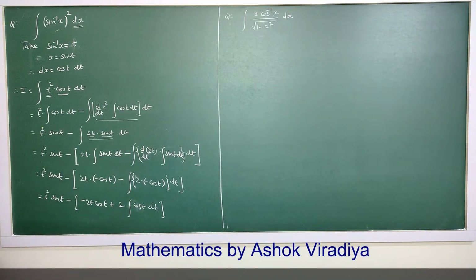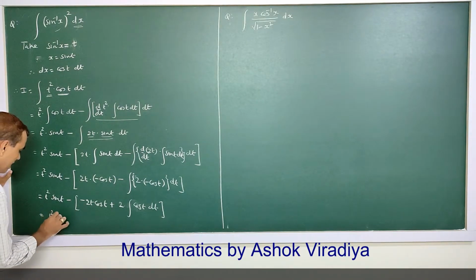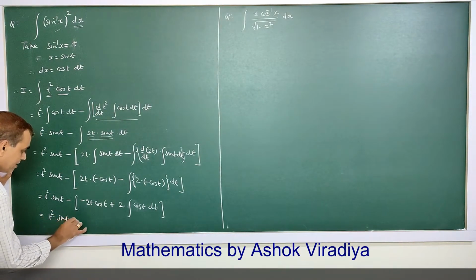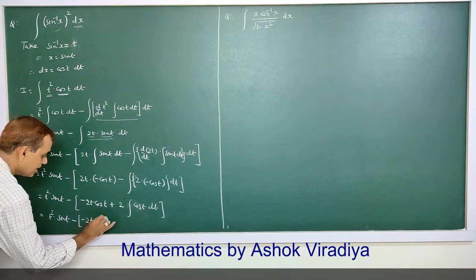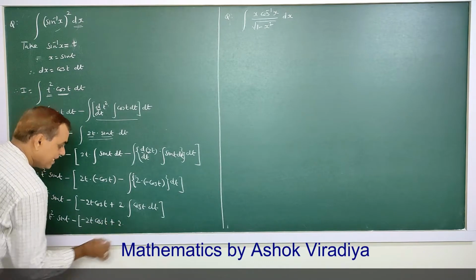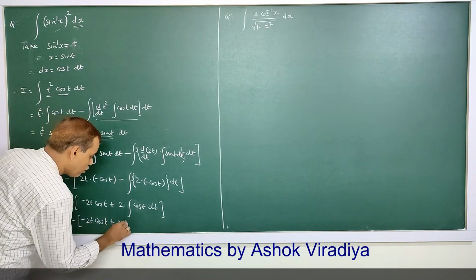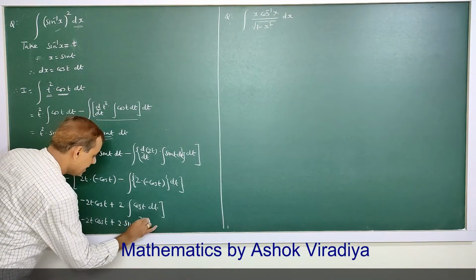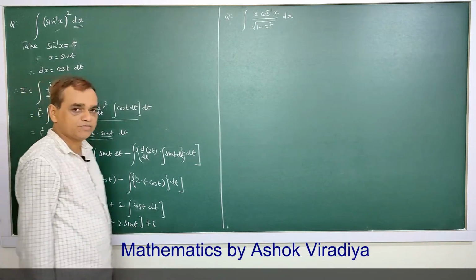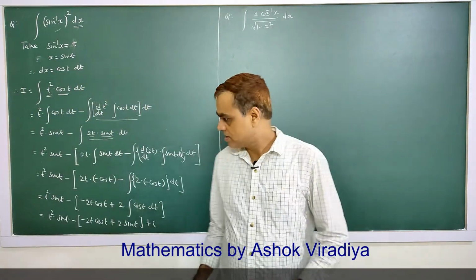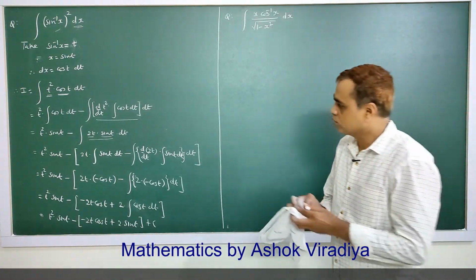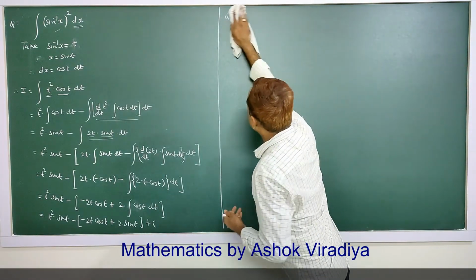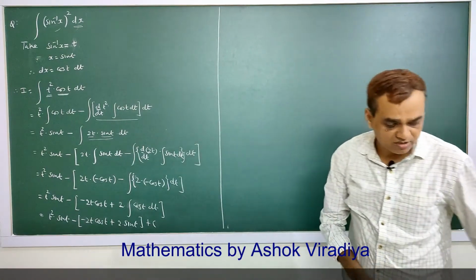And in the next step, it is equal to t square into sin t minus 2t cos t plus 2 into integral of cos t, which is sin t, plus c. Then opening this bracket, because we require more space, I am removing the next question.